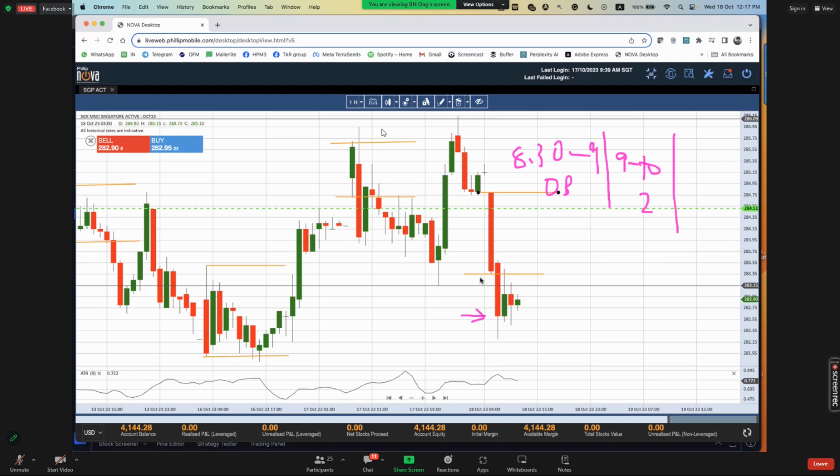With these two conditions, we have a sell signal. I want everybody to be clear about these two conditions, because in the lesson preview you were asking me how do you enter. So this is how it is entered.